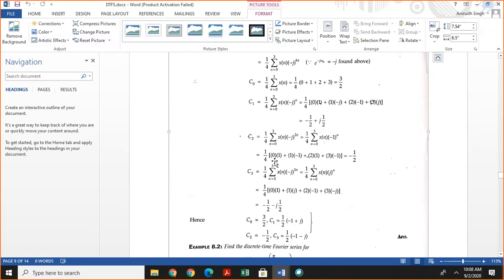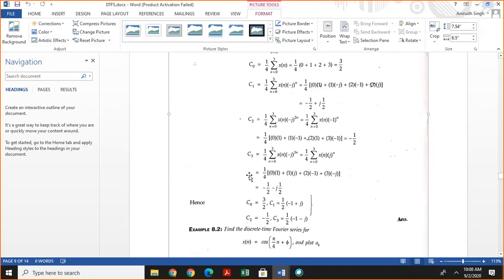When n is 0, 0 multiplied by 1; then minus 1 plus 2 times 1, and plus 3 multiplied by minus 1, and this is given by minus half.